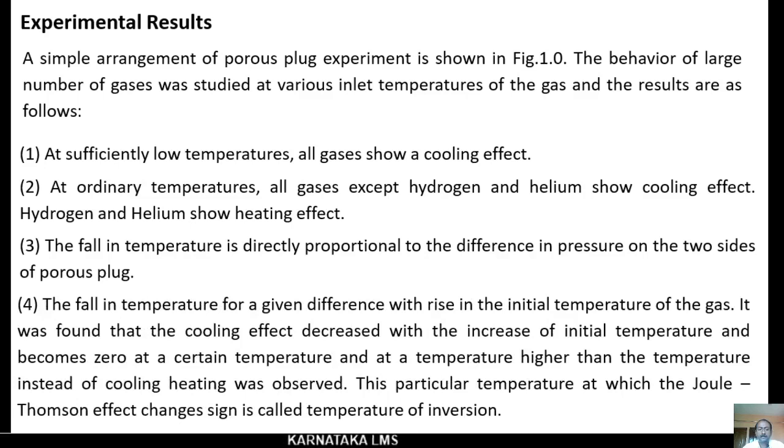Fourth one is the fall in temperature for a given difference with rise in the initial temperature of the gas.